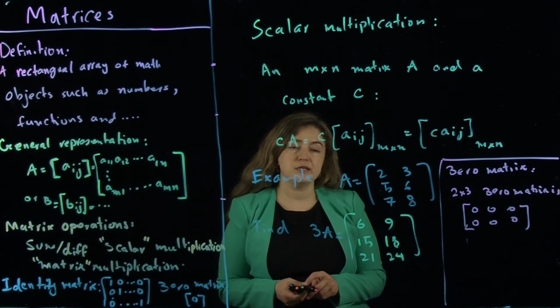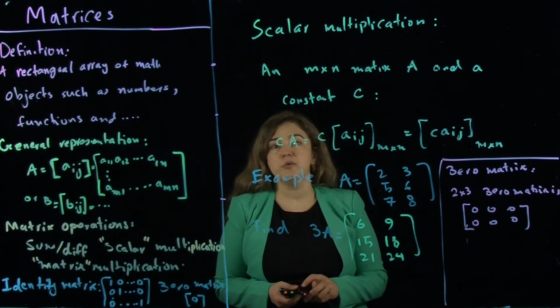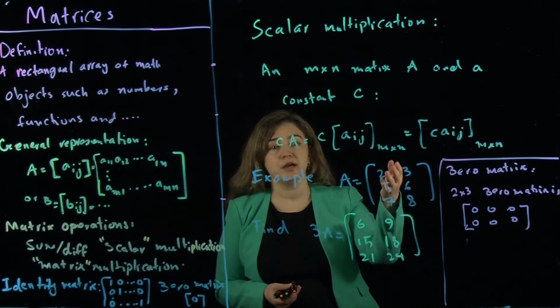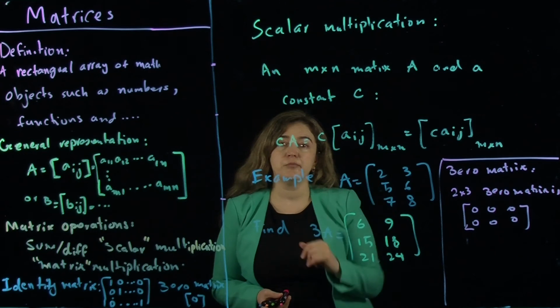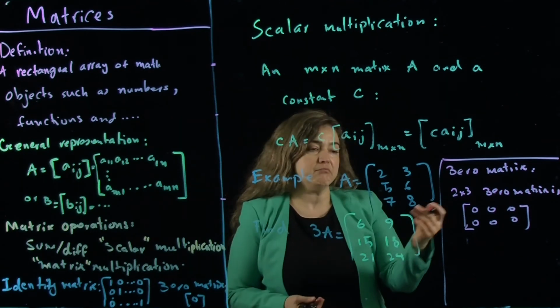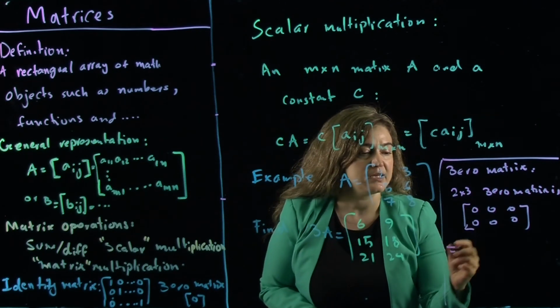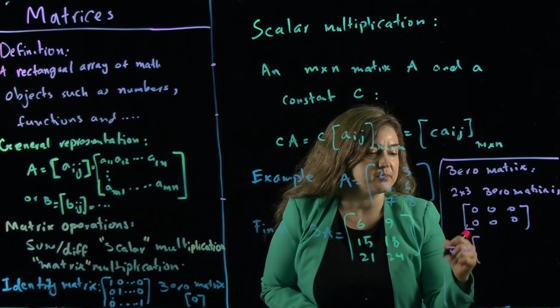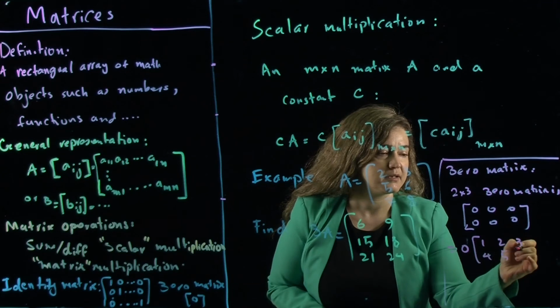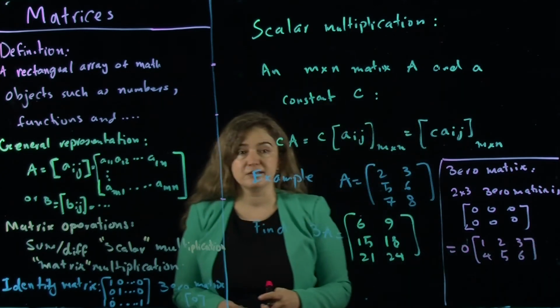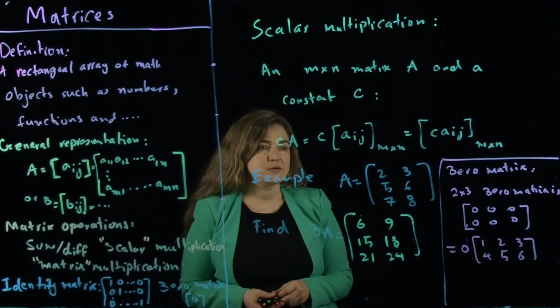The beauty of the zero matrix is if you want to create one, you multiply any matrix of that size by the number 0. So this also is equal to scalar multiplication of 0 times that matrix.